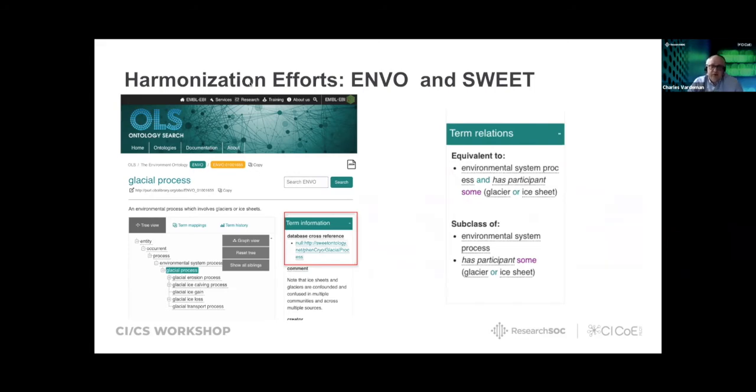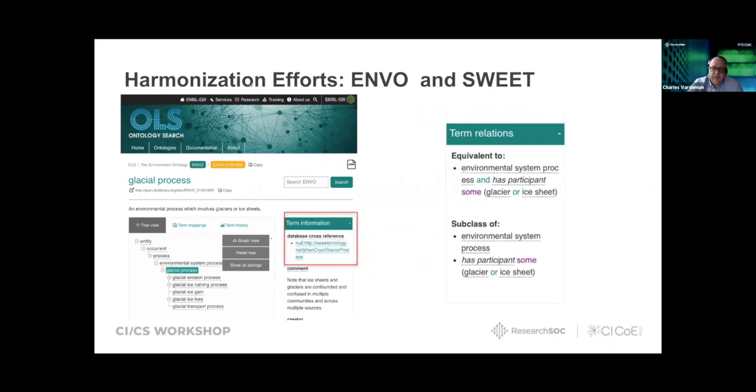And so now agents landing here, wanting a machine readable form and wanting to figure out what something means, can follow their nose to the SWEET ontology. You'll also notice here that its formalism is a little bit higher. It's not only a subclass of some environmental system process, which is even more specific than the physical process that SWEET had, but it also says that it has to have some participant.